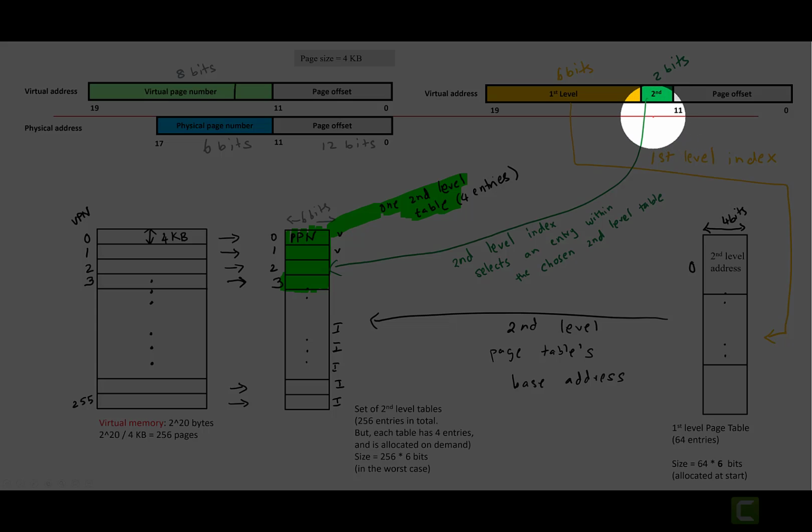Okay, so the main idea is the following. I'm going to have a super page table that manages as if my pages are super pages. So what that means is, if my pages are super pages of size 16 kilobytes, then I would need only 64 entries for such a page table.